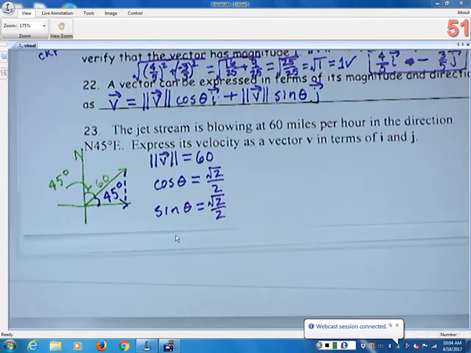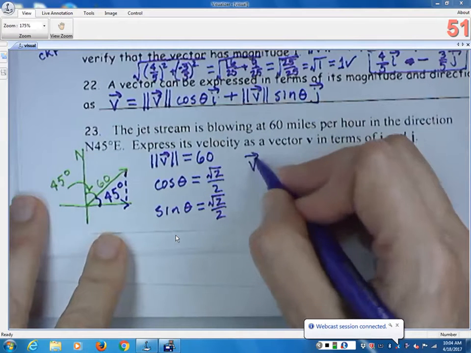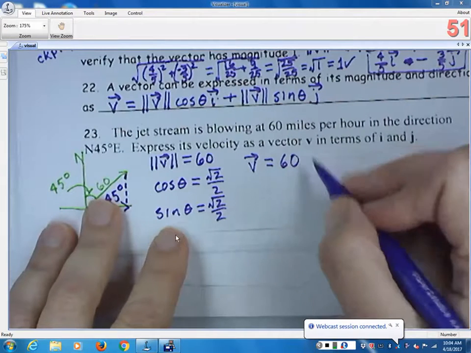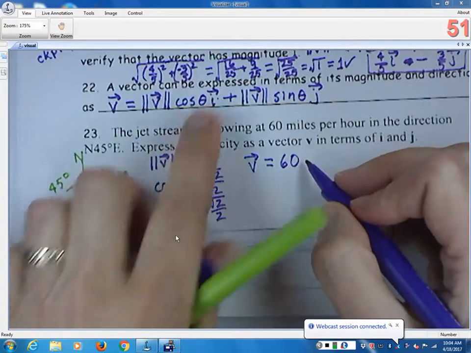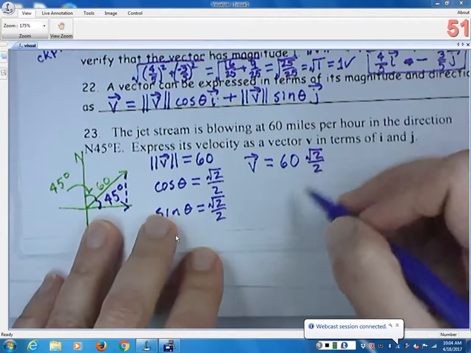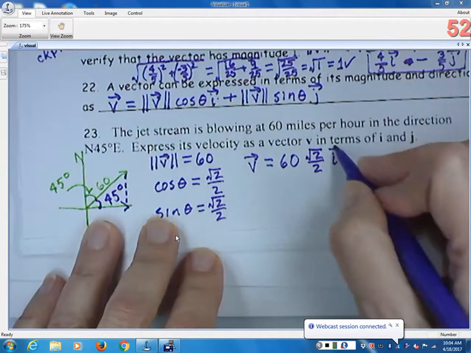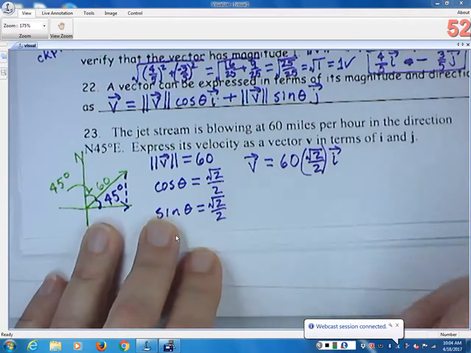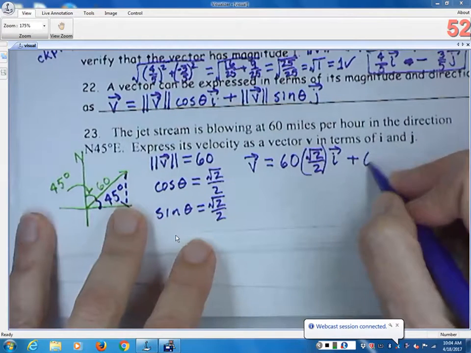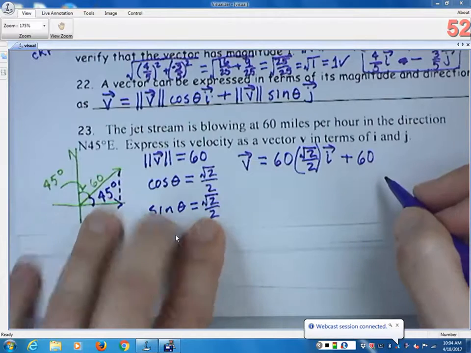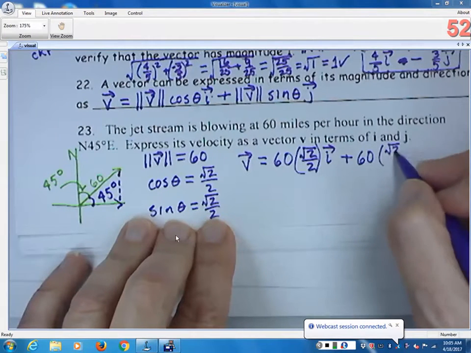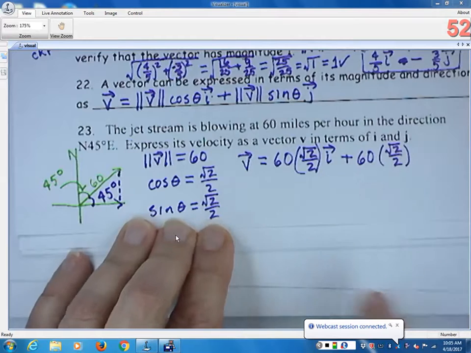So v equals the magnitude of it, 60, times cosine theta, which is square root of 2 over 2, times i, plus the magnitude of v, 60, times sine theta, well that's square root of 2 over 2, j. I'm just substituting right into this equation.